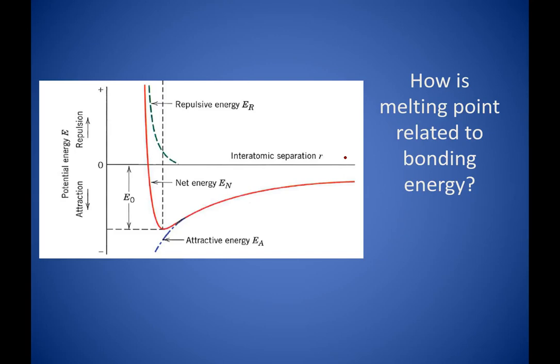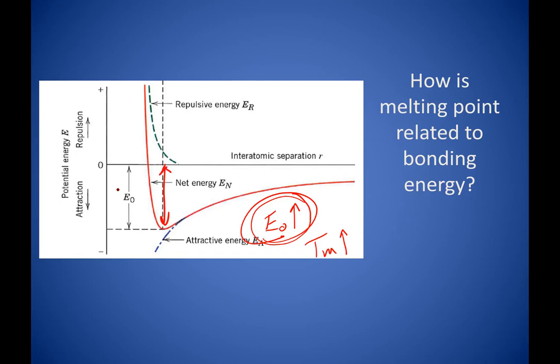And so the bottom line here is that as the bond energy of a material increases, that means that the atoms are held tighter together, they're bound together. The melting point of the material will also increase. And when we're talking about high bond energies, we're talking about deep wells.